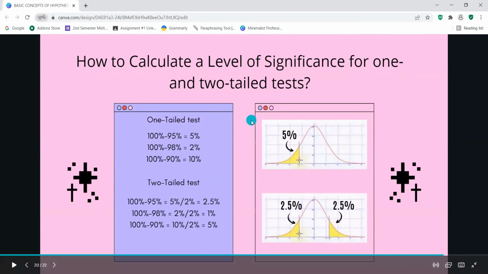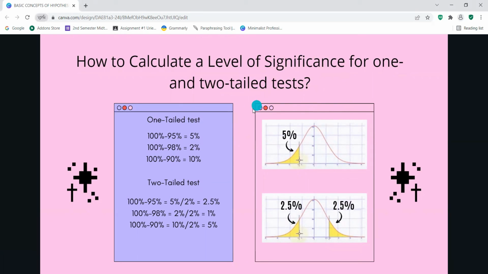So how to calculate a level of significance for one and two-tailed tests? For one-tailed test, for example, if you want to be 95% confident that your analysis is correct, the alpha level would be 1, or 100%, minus 0.95, or 95%, is equal to 5%.